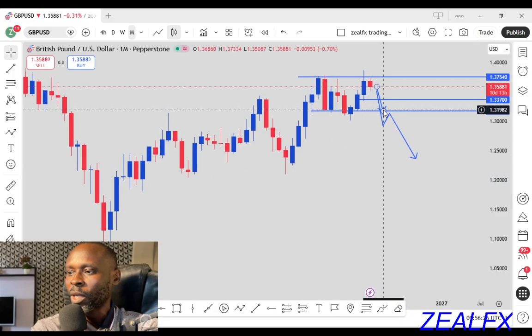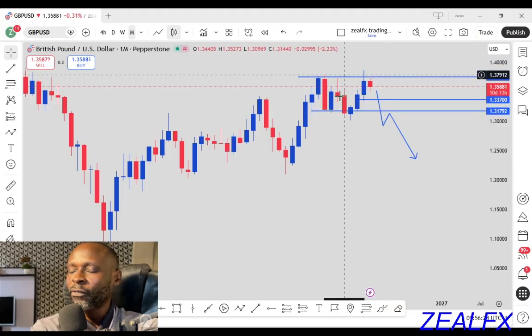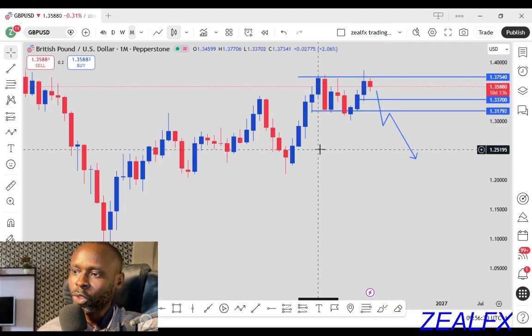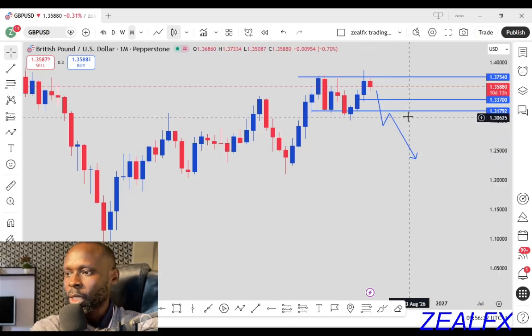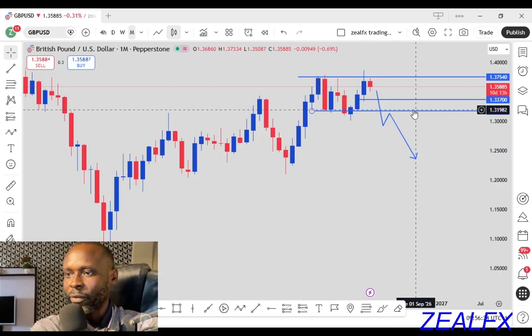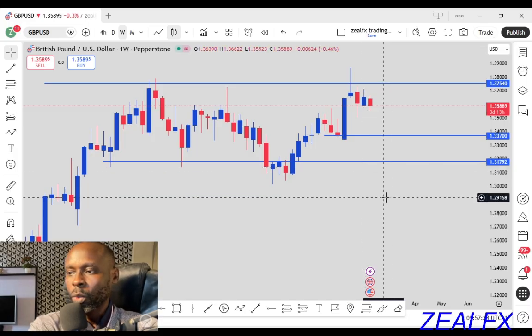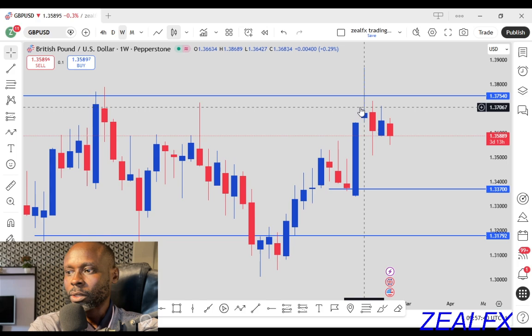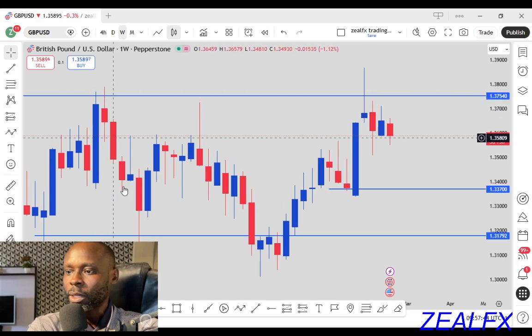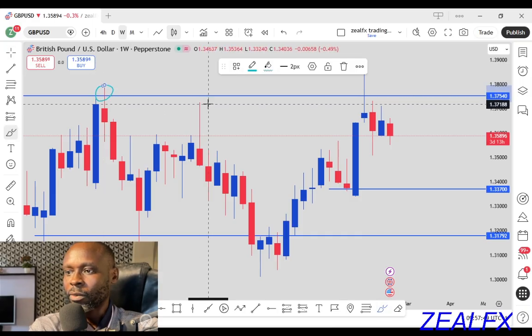So our job is to look out for selling opportunity from the higher time frame to this next monthly support level. So let's look at the weekly chart. The pounds USD on the weekly chart also did a first breakout with this bearish rejection candlestick, which is price rejected from this resistance level and this resistance level.